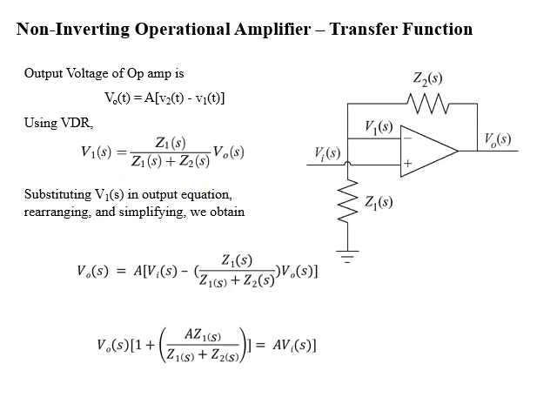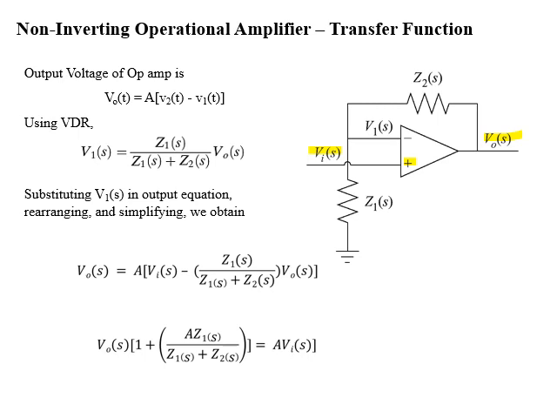Dear students, now we'll study how to find the transfer function for a non-inverting operational amplifier. Given a figure whose output is V0 of S, the external input Vi of S is applied to the second input of the operational amplifier.